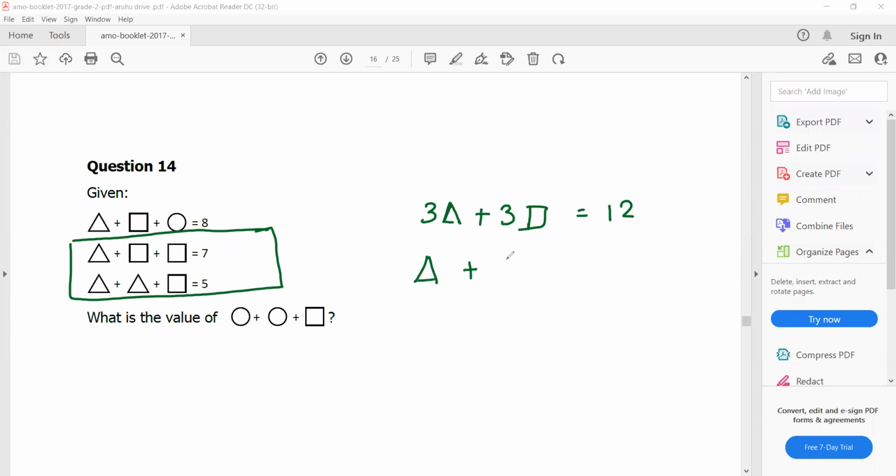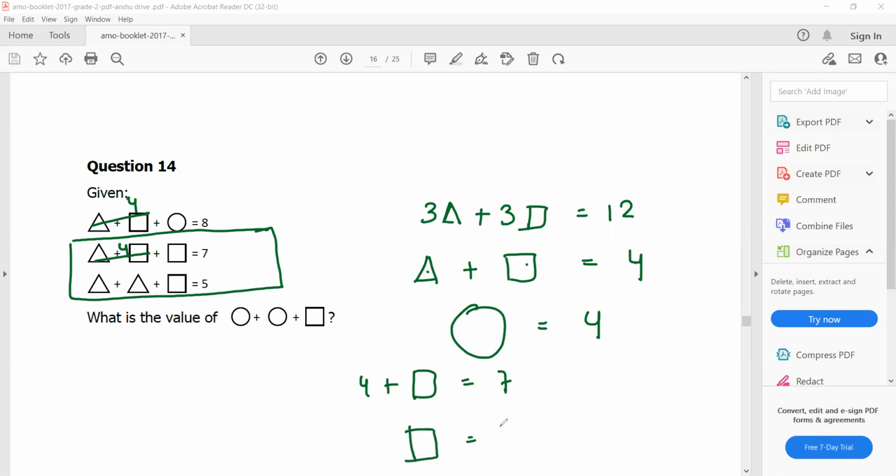So 1 triangle plus 1 square is how much? 4. Then 1 circle, you find it as 4. Now here, 1 triangle plus 1 square is equal to 4, so here also you put 4. So 4 plus 1 square is 7. That means 1 square is 3. So now here it will be 8 plus 3. This gives you 11. So that will be the final answer for this question.